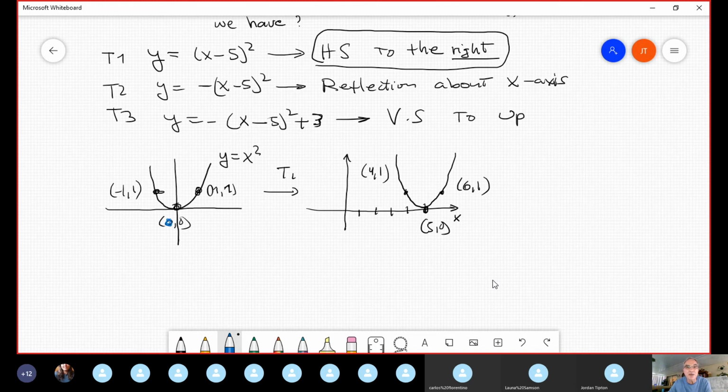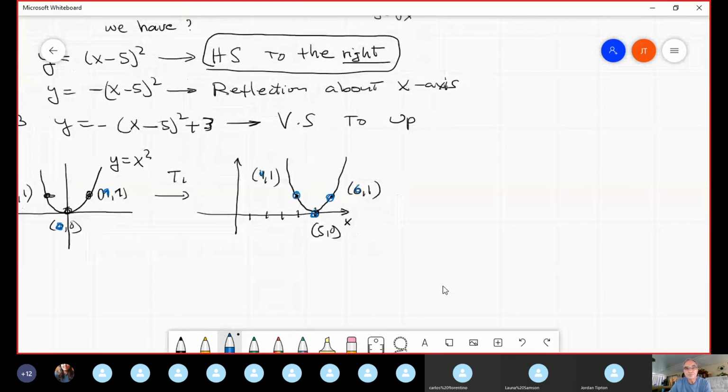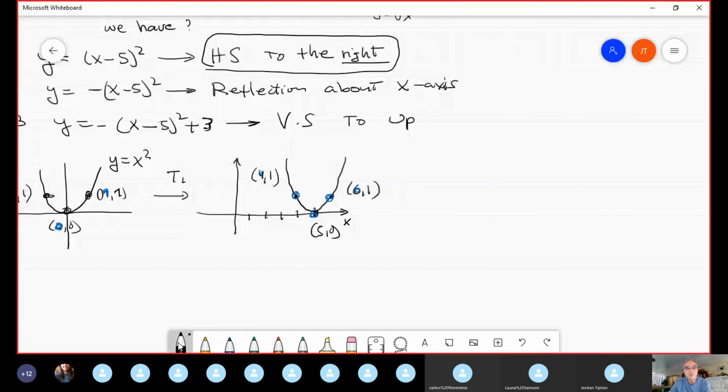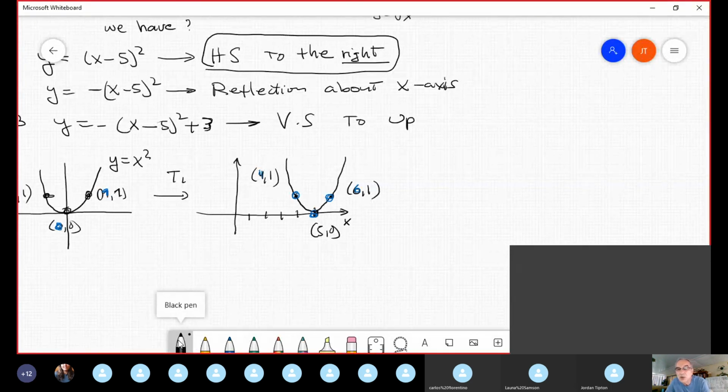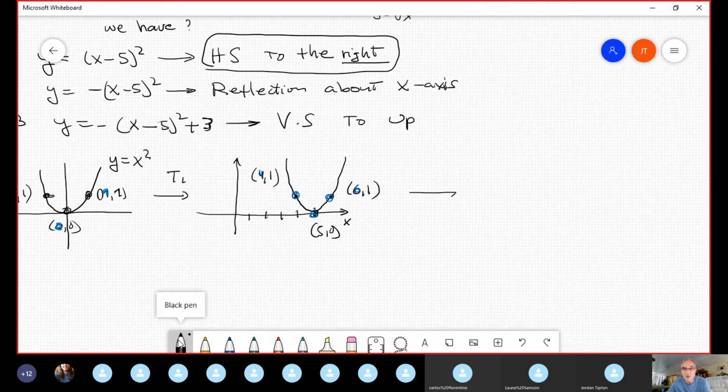This 0 actually is not 0, it's 5, because 0 plus 5. And this 1 is not 1, it's 1 plus 5 is 6. And this negative 1 is not negative 1, it's negative 1 plus 5 is 4. And the y value stays the same. Is it still confusing or no? Jordan, don't be shy, come on. I can solve the problem quickly. Okay, let's continue.